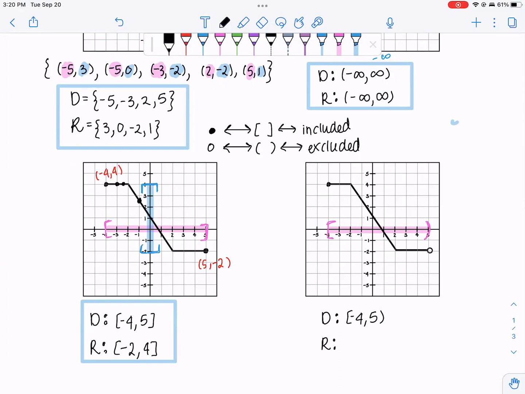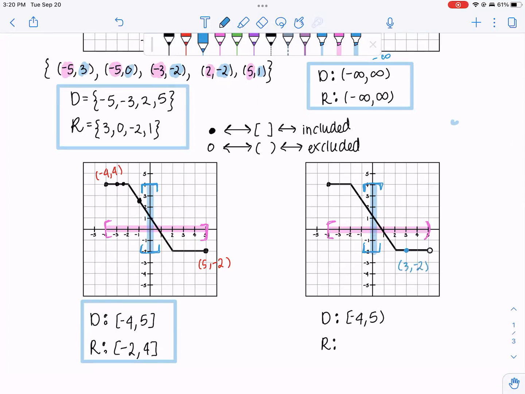Now, on the range, you might think that the same thing happens, right? You might be like, okay, so we won't include -2. Of course, 4 will stay the same. Nothing has changed up there. But we're actually going to keep -2 because there are several points right here that all have the y value -2. I can pick a point 3, -2.